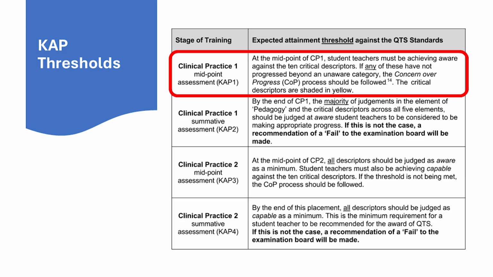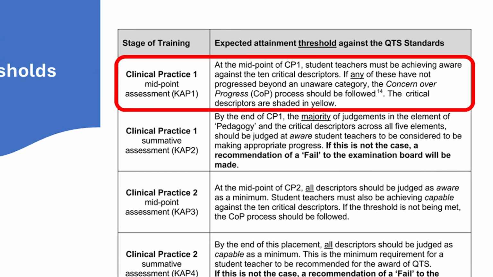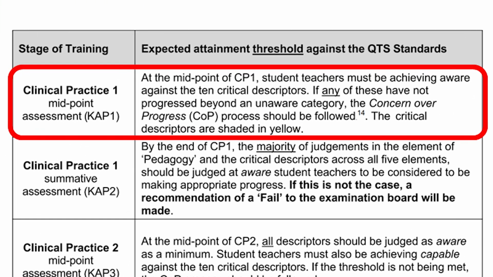And the threshold that we're working to today, so at the midpoint of clinical practice 1, the students need to be achieving aware against the 10 critical descriptors. So the 10 critical descriptors are highlighted in yellow in the clinical practice guide and also on the PLP when you get the drop down there.